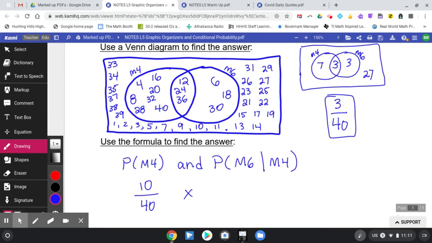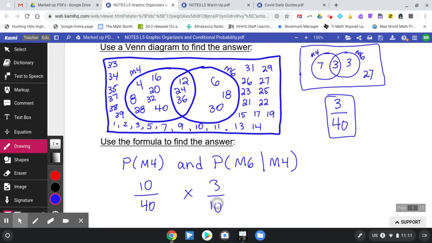So I'm sorry, a better place to look is here. Sorry, I'm distracted by my 2 3s. So we're looking here at the ones where all of the numbers are multiples of 4. 3 out of the 10 are also multiples of 6. Now, I even have a hard time explaining this one.